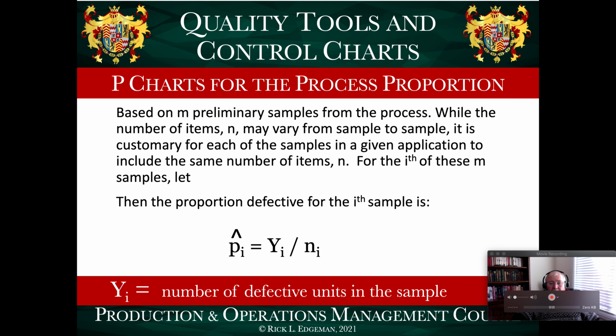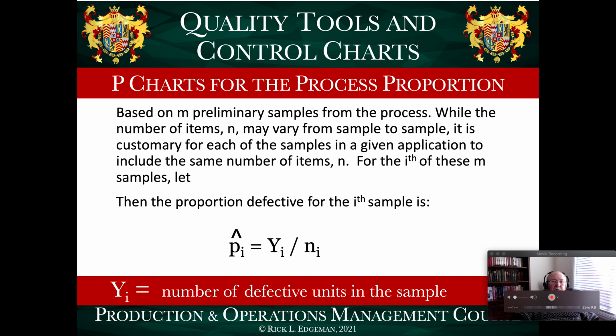So your estimated process proportion defective, p hat, as you see at the bottom of this slide, is equal to 3, the number of cans that were defective, divided by n, 100, the number of cans in the sample, 3 over 100, 0.03. Now recognize that is your best estimate for the proportion defective during the period from which the sample came. But it is only an estimate. Only an estimate.